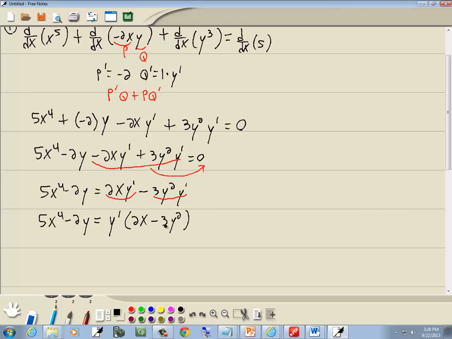Now, last step, step 5, is to divide both sides by what's in front of or behind y prime. There's nothing in front of it, but there's a 2x minus 3y squared after it. So we'll divide both sides by 2x minus 3y squared. There we go.